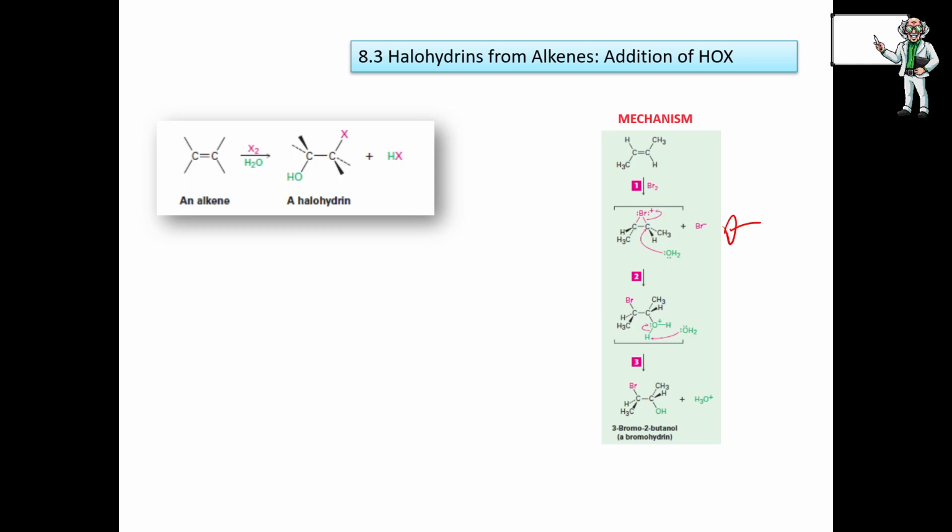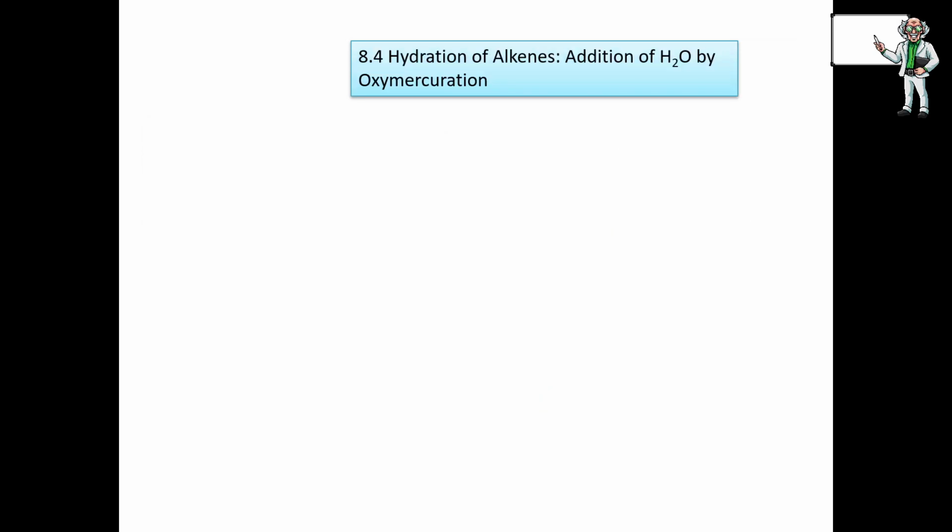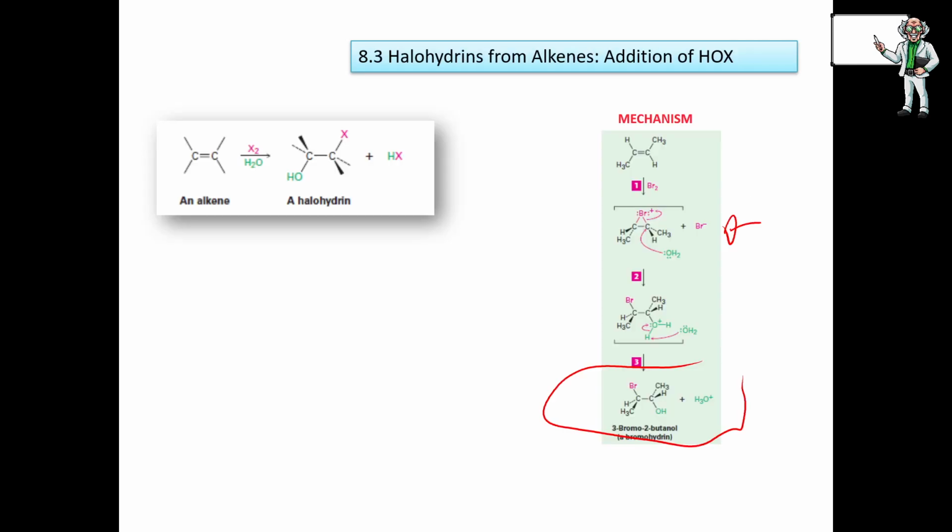The OH attacks there, opens the bromonium ion, and then simply we remove one proton to generate the final product, that is the addition of a hydroxyl group in one carbon of the double bond and a bromine in the other carbon of the double bond. That means it's the same reactivity, but instead of opening the ring with a bromide, we have a better nucleophile in the media, that is water.